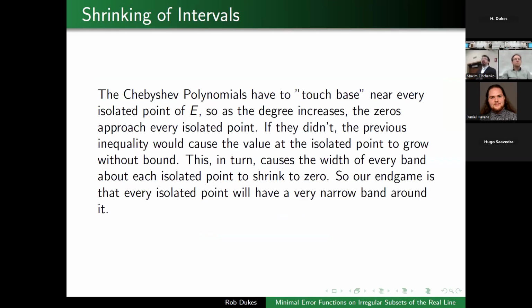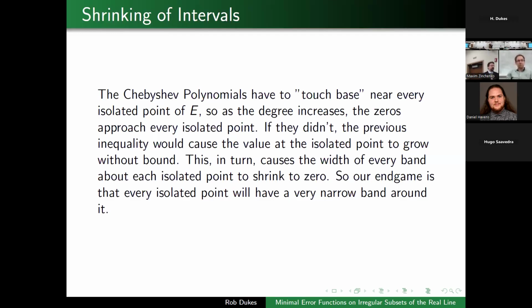This is kind of what I've said several times, but I'm reiterating it. Chebyshev polynomials have to touch base near every isolated point of E. So as the degree increases, the zeros will approach every isolated point. So keep in mind, isolated points do factor into the supremum norm.